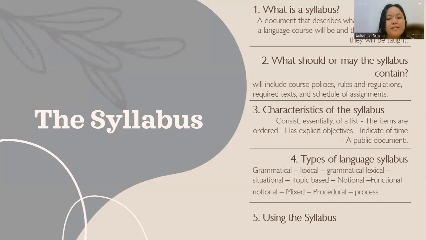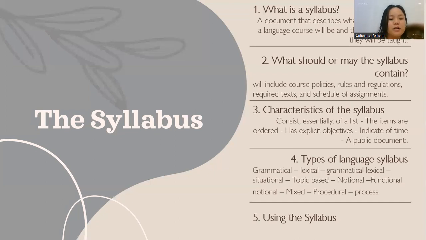Next is mixed or multi-strand. Increasingly, modern syllabuses are combining different aspects in order to be maximally comprehensive and helpful to teachers and learners. In this, you may find specification of topics, tasks, functions, and notions, as well as grammar and vocabulary.